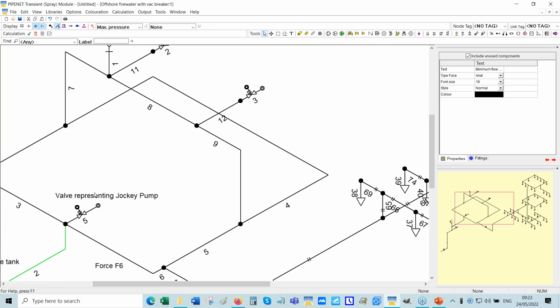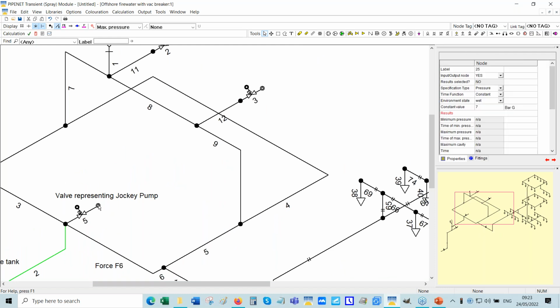And those who've done surge analysis already know what this is. This is a way of representing the jockey pump. You give a pressure spec of 7 bar, and this valve closes very quickly, from 0 to 0.5, and that initializes the pressure here.